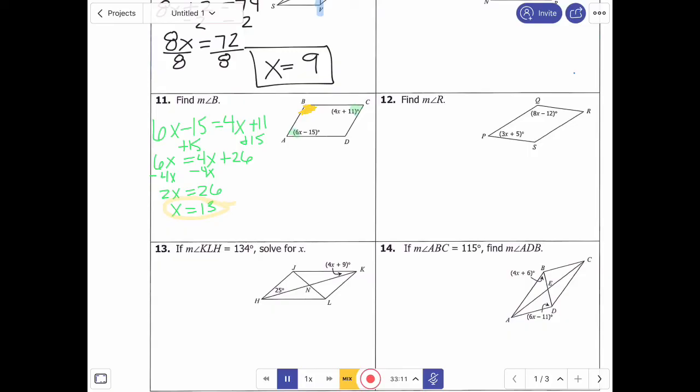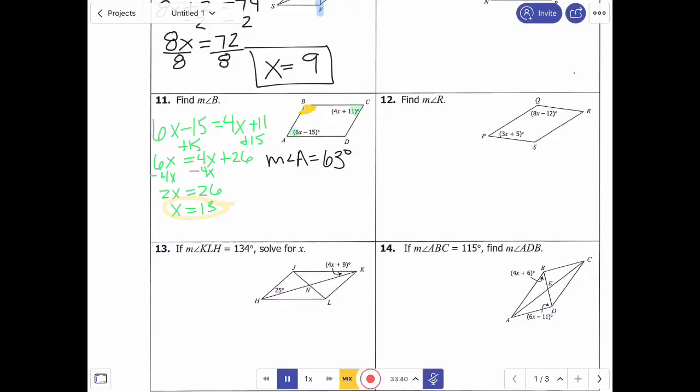So if I plug in 13 for x, I'm going to go with angle A. Doesn't matter because they should be the same thing. That means the measure of angle A equals 63 degrees. Okay, so if A is 63 degrees and angle C is 63, that means I have to figure out what plus 63 is adding up to 180.